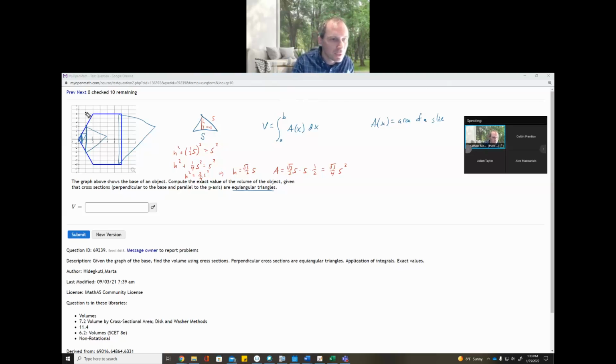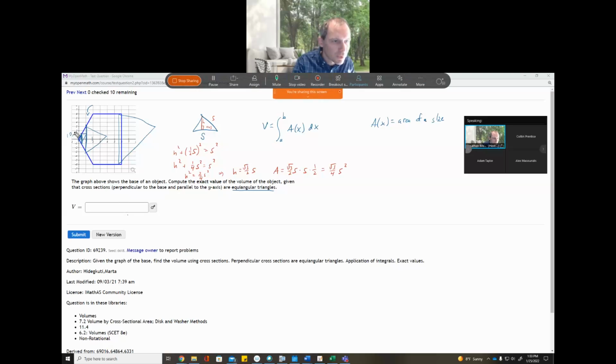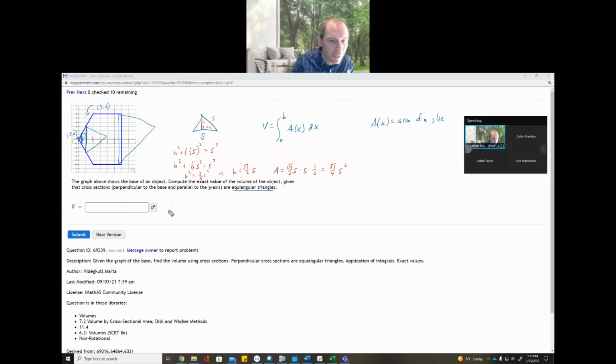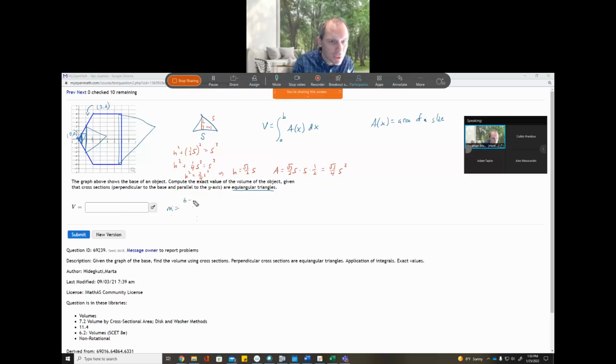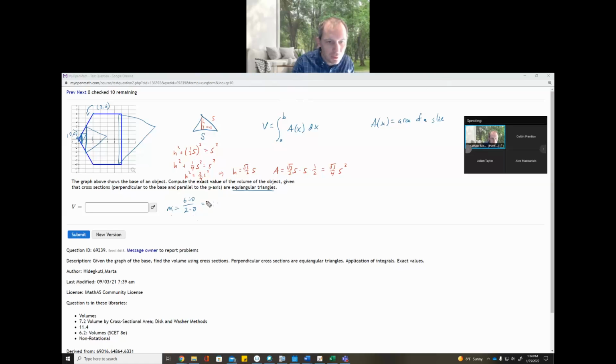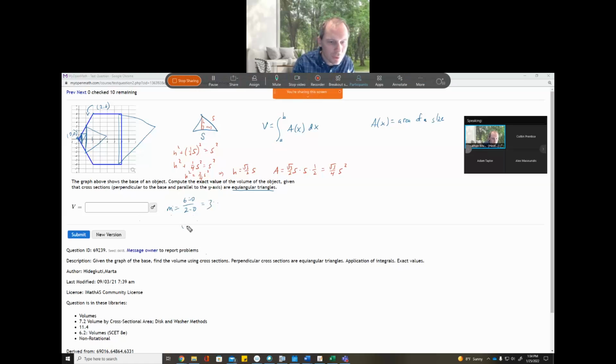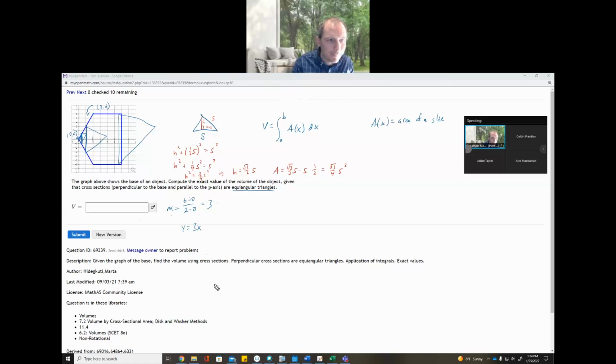What I'd like to do is find an equation for this line here. So this line goes through 0, 0, and this line goes through 2, 6. So I can find the slope of that line, change in y over change in x, which is 6 halves or 3, and it goes through the origin, so just y equals 3x.